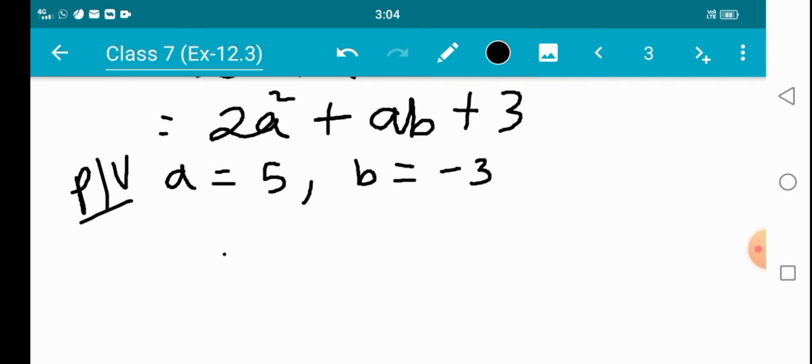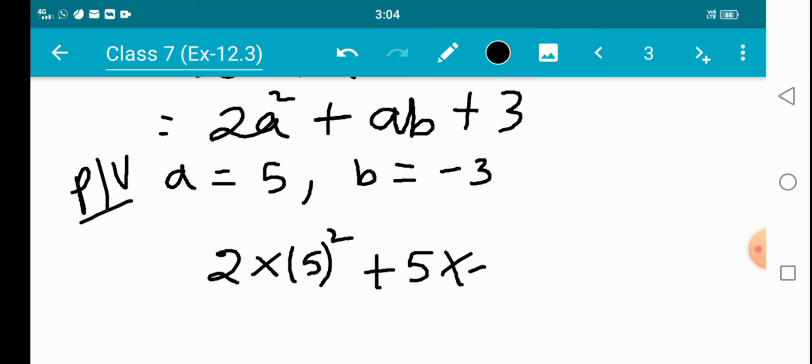Let's check. 2a square, 2 into 5 square, plus a into b, a means 5 and b means minus 3. Keep it inside the bracket, and plus 3. This 3 was the constant term, in the expression the last term was 3. I have written this one again.